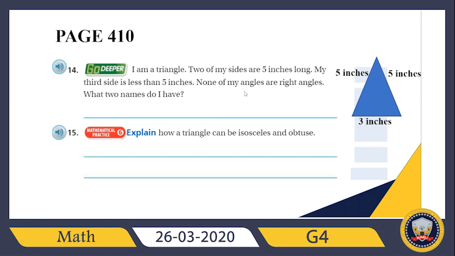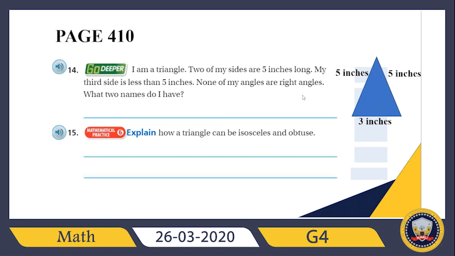So let's give a name for this triangle. When I check its sides, I can see it has 2 equal sides, right? So in this situation, I can say this is an example for an isosceles triangle. What about angles? When I check its angles, it's already given here. None of my angles are right angles.